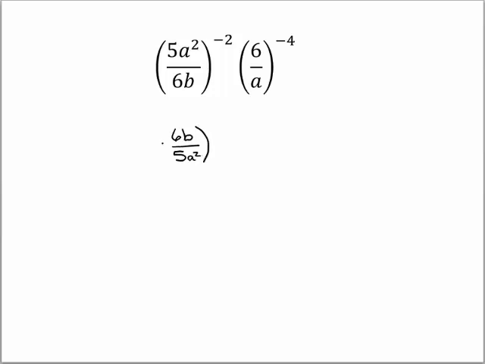And that whole thing is raised to the second exponent, okay? And here we've got a negative 2. Remember, see how we changed this to a positive? We inverted it and changed it to a positive. Well, we're going to do the same thing with this one. A to the 6th raised to the 4th.